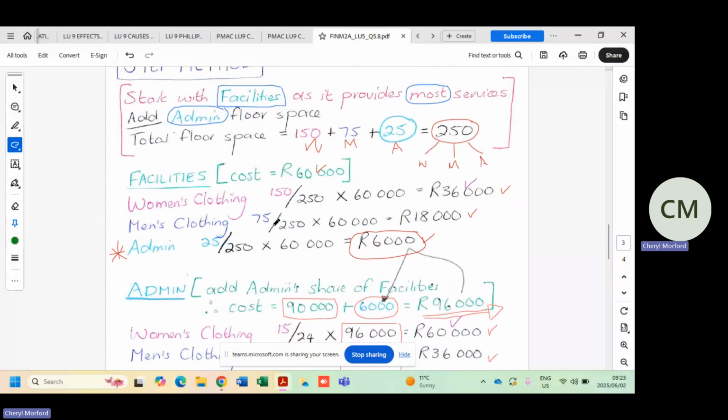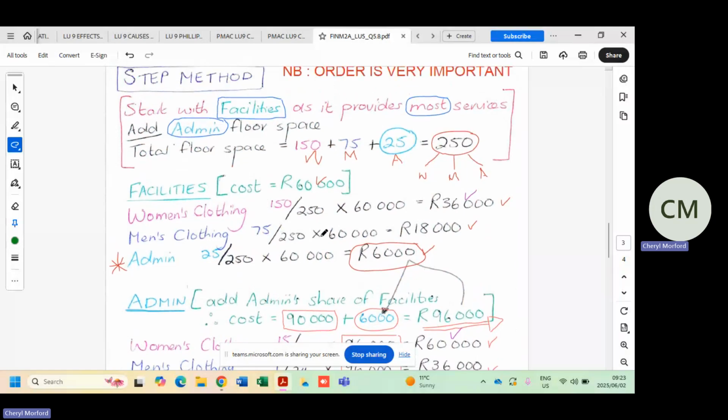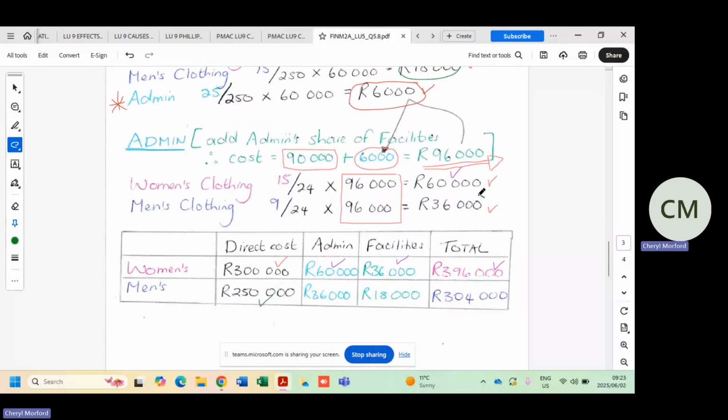So let us have a look at the facilities and we see that it is 18 to the men and admin 36. So there we go. 18 to men for facilities, 36 admin. Add those three together gives us 304,000.